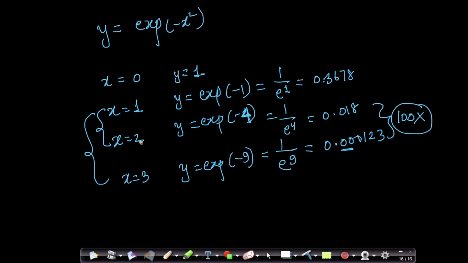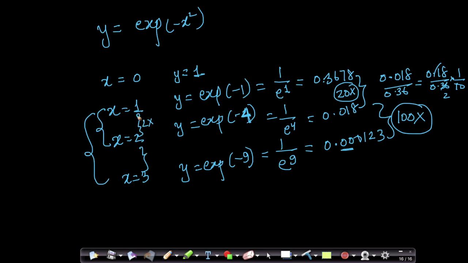Now even look here. This is a difference of 2x, but this is a crazy high difference. If I do 0.018 by 0.36, roughly 0.36, 18 2s are 36, so I could say 1 by 20. This is a reduction of 20x, even though x has increased only by 2x.